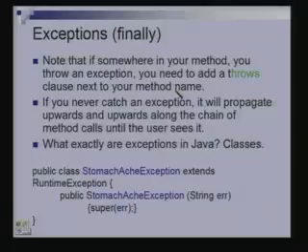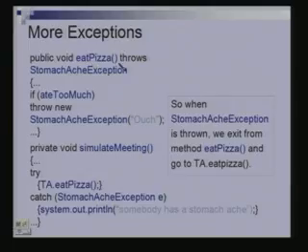So, if you throw an exception in any method, then you need to add a throws clause next to the method name, as we did on one of the previous slides. Right. So, when we wrote the method eat pizza, we had throws this exception.